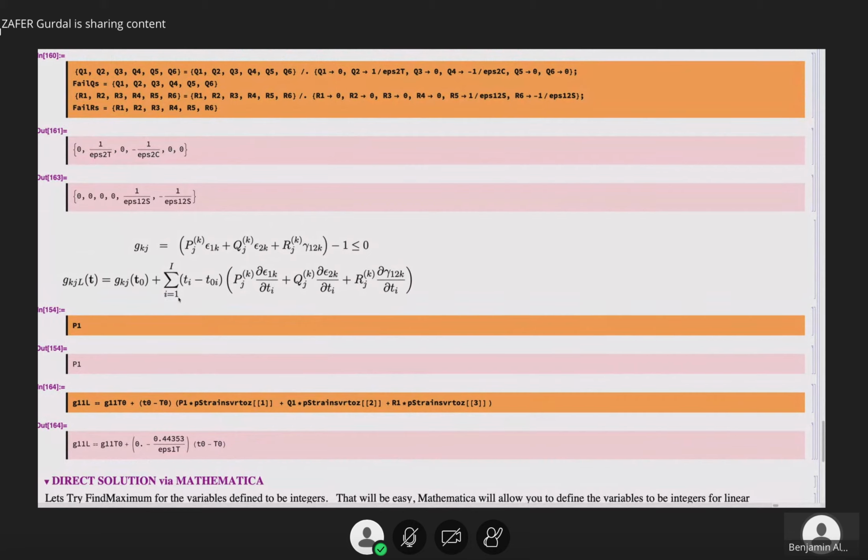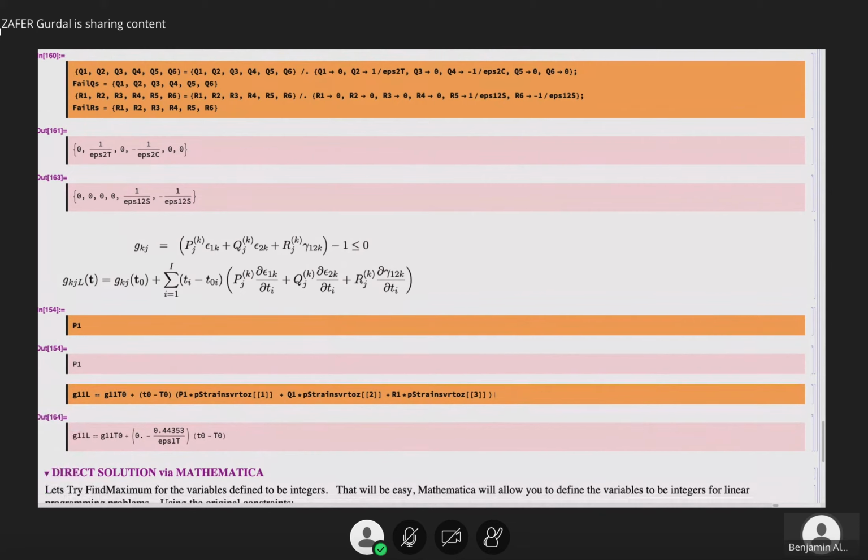So this is with respect to thickness 1, but any change in other plies also changes the strain levels in the 0 degree ply that we're looking at right now. So we'll have I equal to 2 term, I equal to 3, and I equal to 4 term added to this. And those will come as, so this is closing that parenthesis.